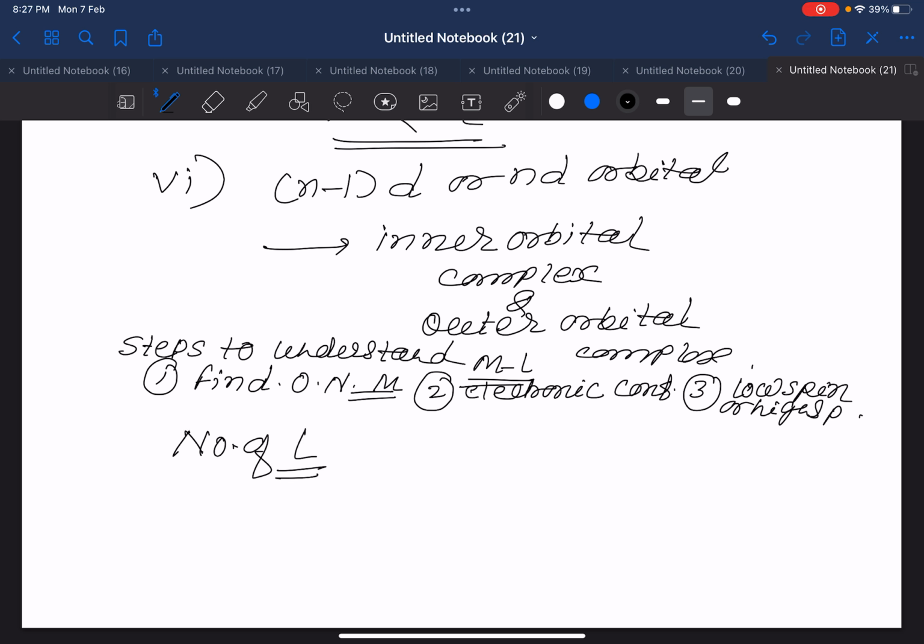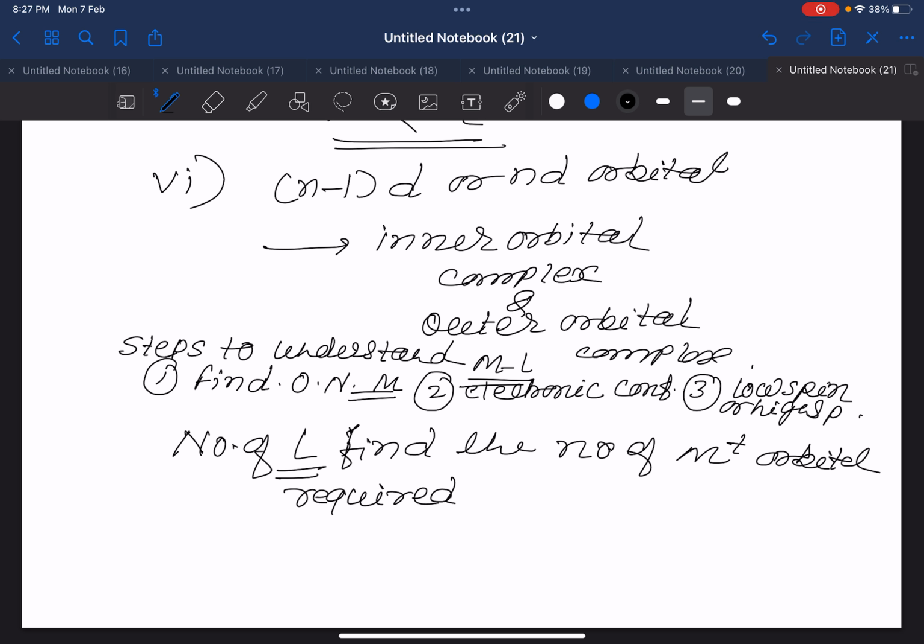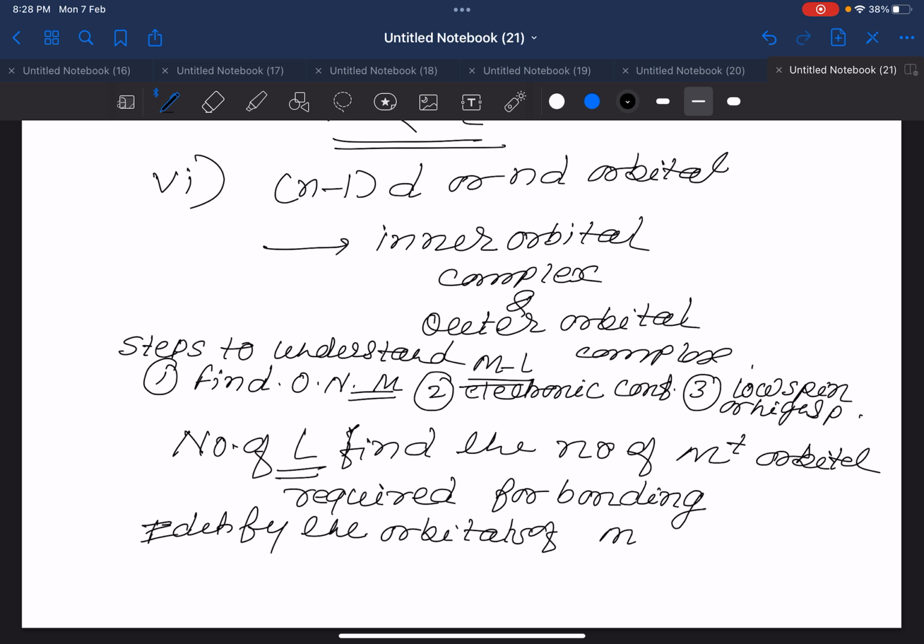And from the number of ligands find the number of metal ion orbitals required for bonding, है ना. और बोल सकते हैं हम लोग from the number of ligands we can identify the orbitals of metal ion available for hybridization.